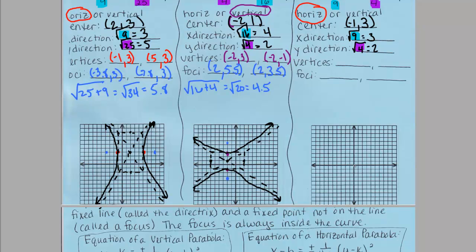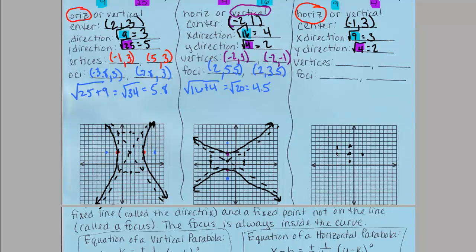So our center is at negative 1, 1, 2, 3. And we will go our X direction, which is horizontal, left 3 and right 3. So left 1, 2, 3, and right 1, 2, 3. Our Y direction, which is vertical, 2. So up 1, 2, and down 1, 2.